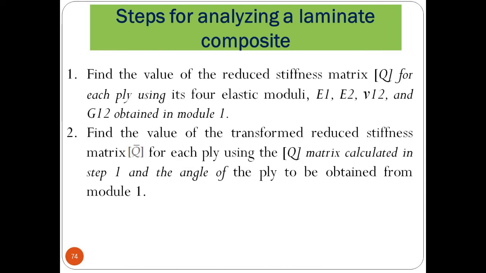Thereafter, as step two, we have to find the value of the transformed reduced stiffness matrix Q bar for each ply. This Q value we will carry from step 1, and the angle of ply is to be obtained from module 1.